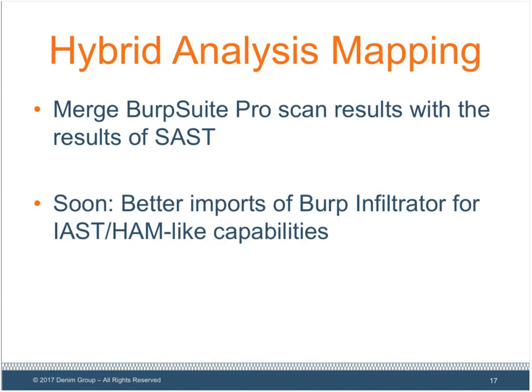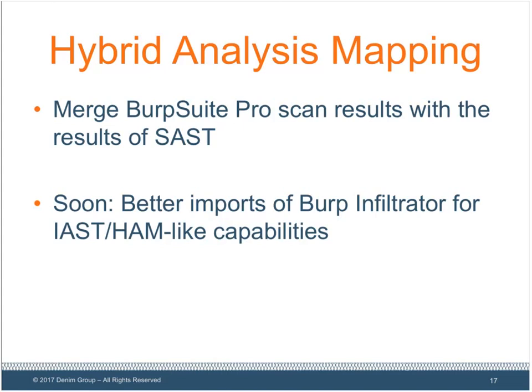So for certain languages and platforms, we have the ability to load this data into ThreadFix, and for ThreadFix to say, these two findings aren't two separate vulnerabilities that need to be adjudicated separately. Instead, I believe this is representative of one vulnerability, and we have multiple pieces of information about that. And so if you're both using Burp to do dynamic testing of your applications and you have a static analysis program in place, by loading that data into ThreadFix, that can give you a more streamlined view.